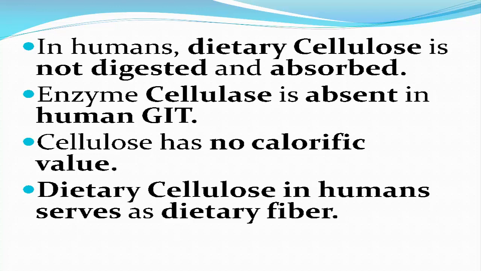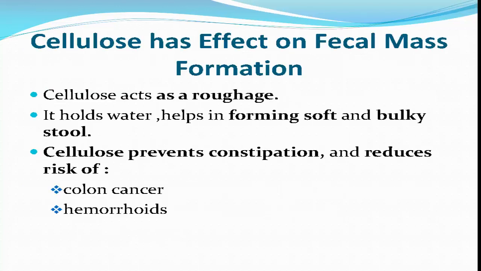So what is the role of dietary fiber in our diet? Since it remains in the intestine, it acts as roughage. It draws a lot of water, and therefore the overall volume and bulk of the stool is increased. So the more fiber you take, the more the bulk of the stool will increase because it will take more water and the stool will become soft.